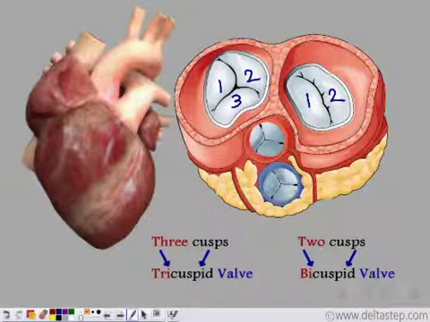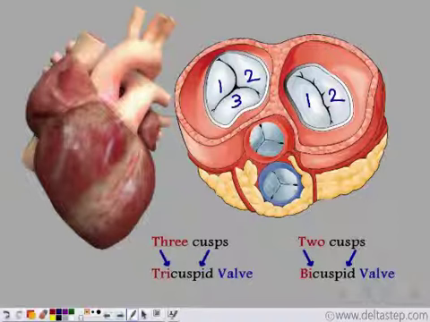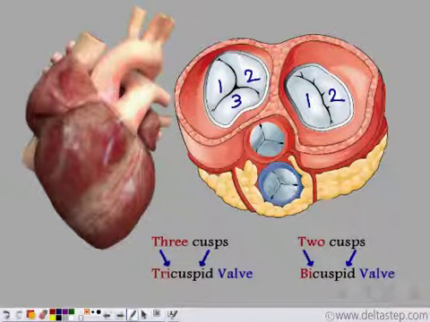So the right atrioventricular valve is known as the tricuspid valve because there are 3 cusps present, and the left atrioventricular valve is known as the bicuspid valve because of the presence of 2 cusps.